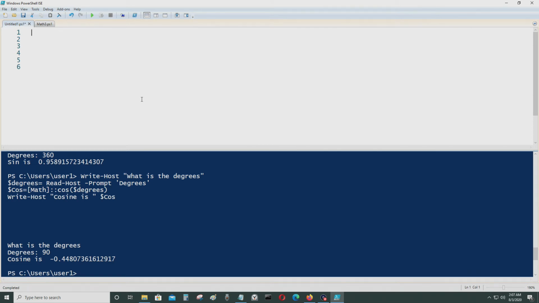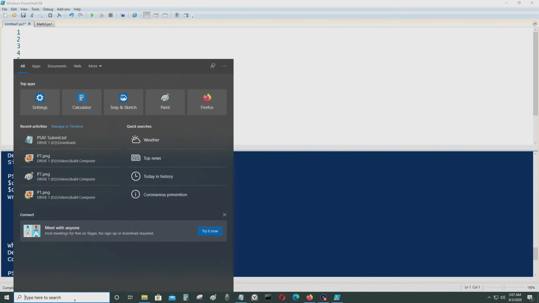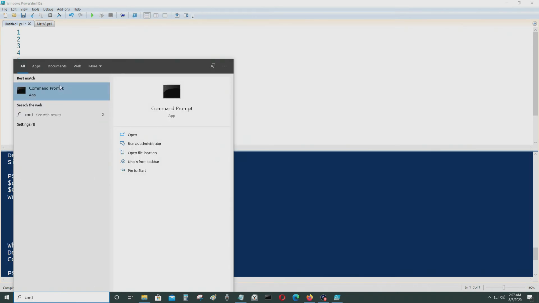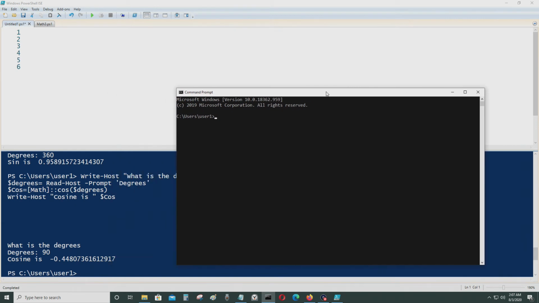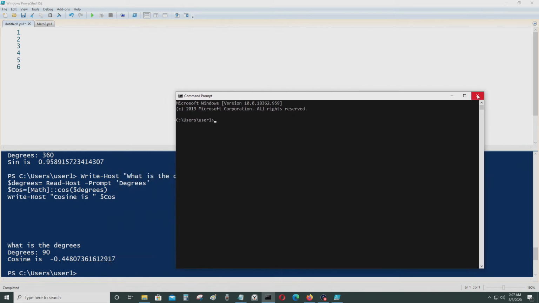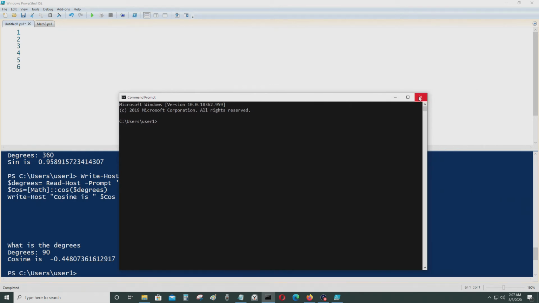So this is a very useful tool for solving equations. You don't have to do it by hand. You could just use this thing, and command prompt is quite limited when you're doing math stuff, because command prompt only allows you to use integers and stuff. So that's some of the limitations of using command prompt.